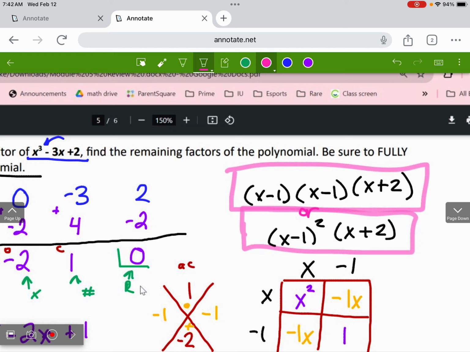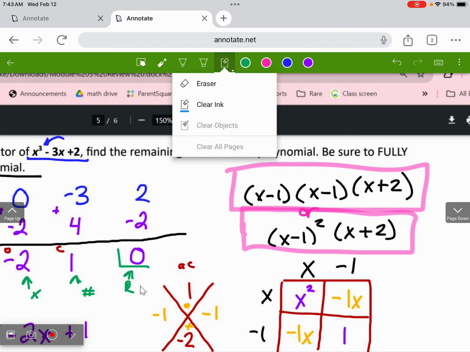Questions on this one? Okay, any others you want to work through? Which one? 18A. 18. Can you get there? Finding the quotient. All right, I have to clear this.